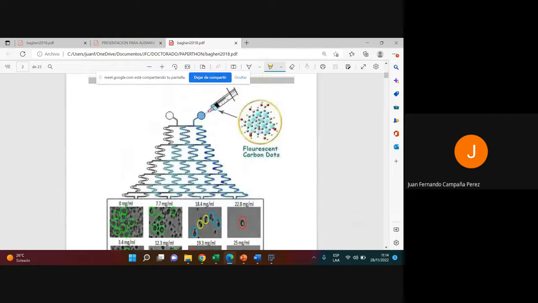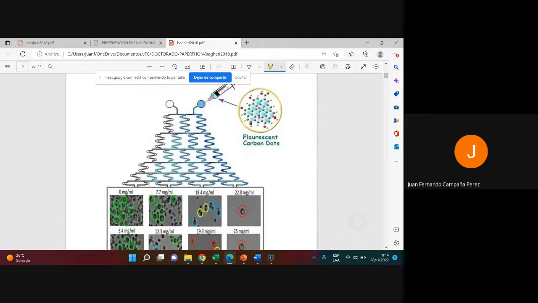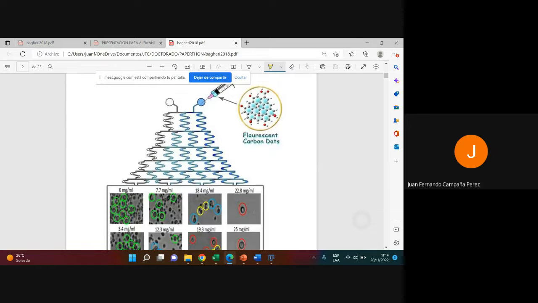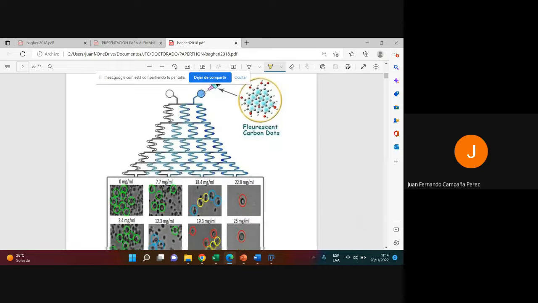This is the design, and they use this gradient to dilute a higher concentration of carbon dots.